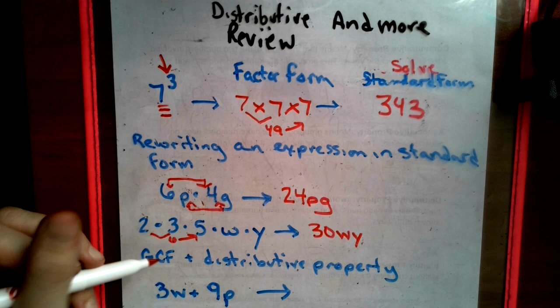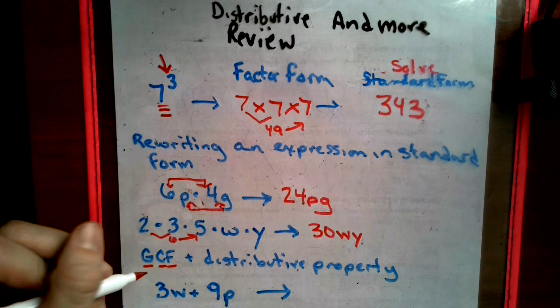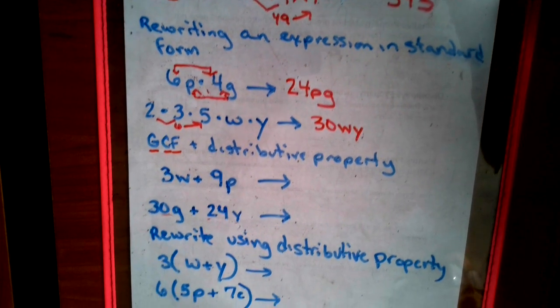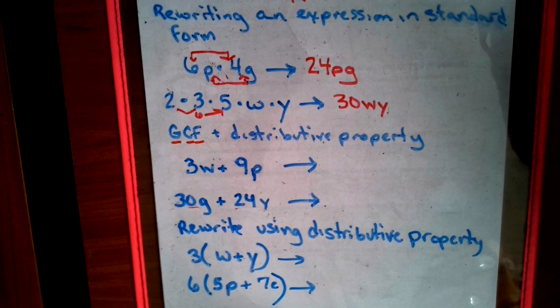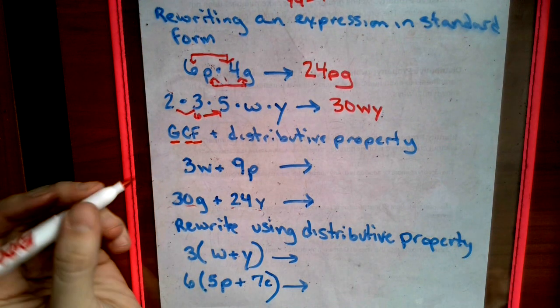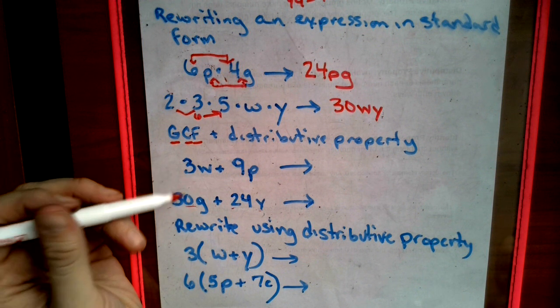The greatest common factor with use of distributive property. Greatest common factor. That is the biggest thing that they have in common. Okay, super important that you're looking at the greatest thing that they have in common. Might be a letter, could be a number.